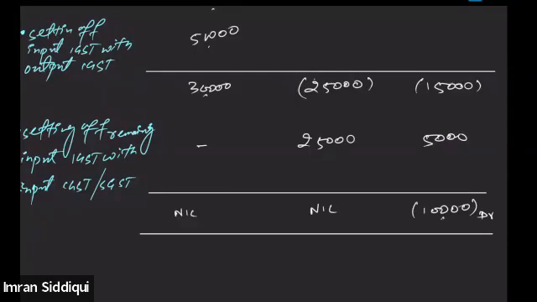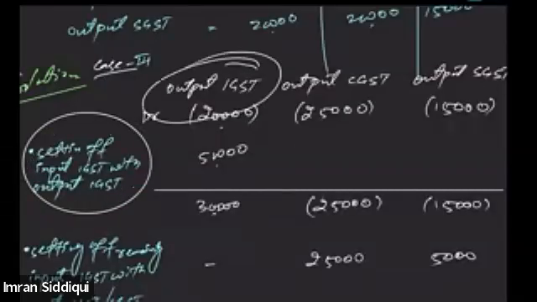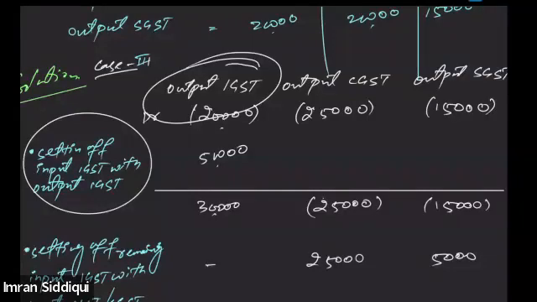Yes, sir. Okay. Now see, this is how we usually set off. And this kind of set off is required when the balance of the input IGST is more than the balance of the output IGST. Remember, listen to me very carefully. When the input IGST is more than the output GST, then such treatment is done.